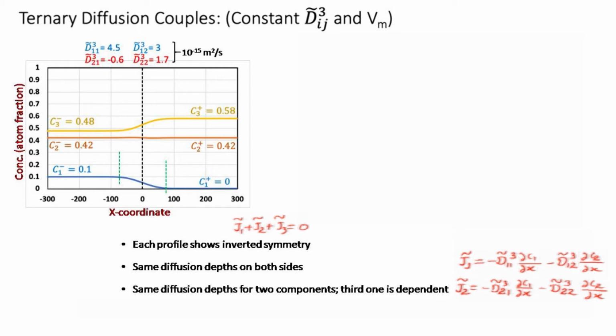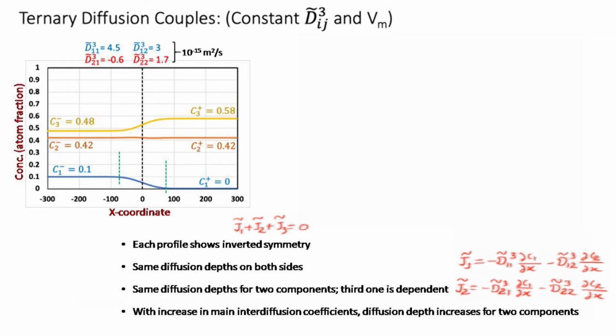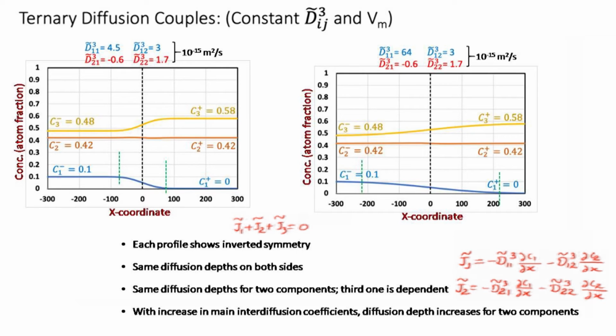So, in this matrix now, I am keeping the 3 components of the matrix the same, but I am increasing the D11 tilde 3, and we can see the diffusion depth of component 1 has increased.